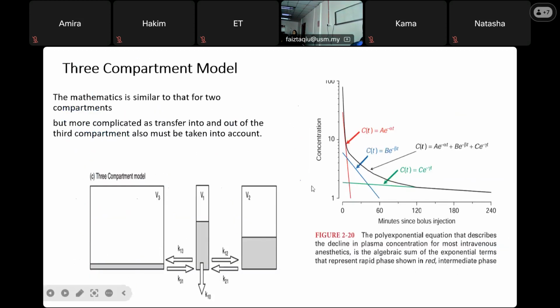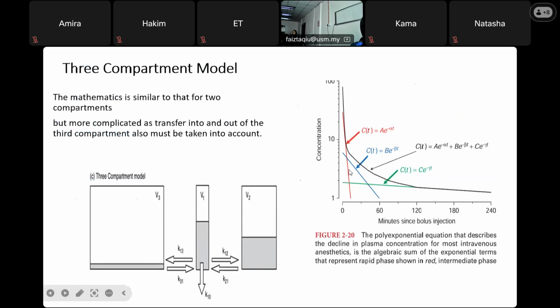For the three compartment model, the mathematical equation is A plus B plus C. There are three exponentials of the eliminations. The red one, the rapid decline, is actually the distribution from the central to the peripheral compartment and also the elimination.